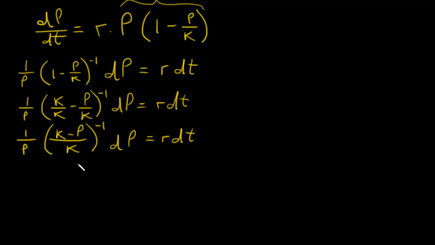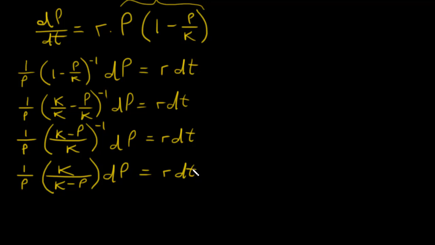So it's 1 over P times K over (K minus P) dP equals r dt.